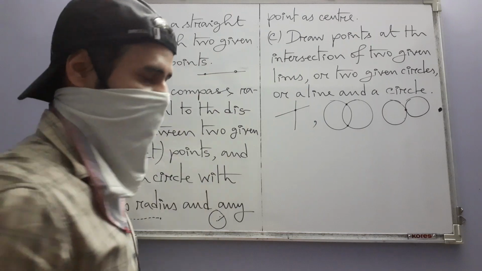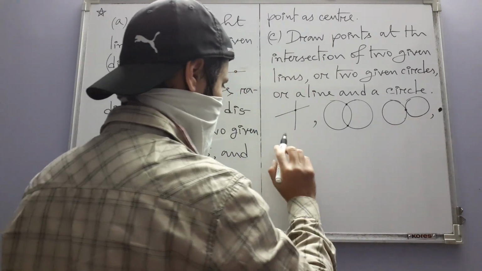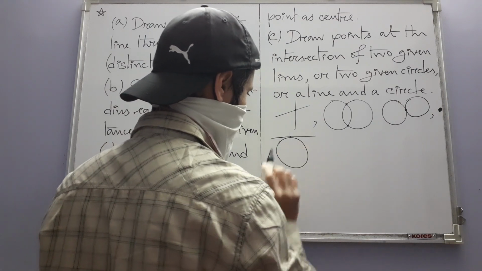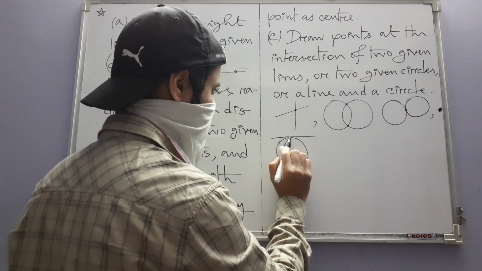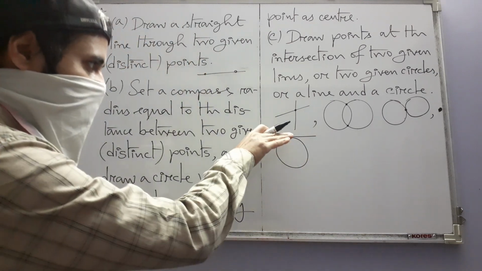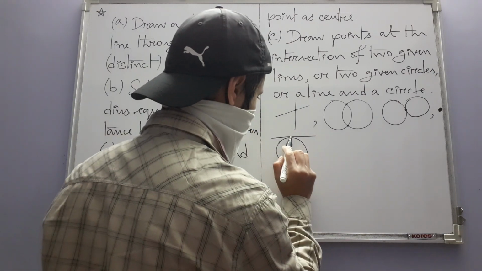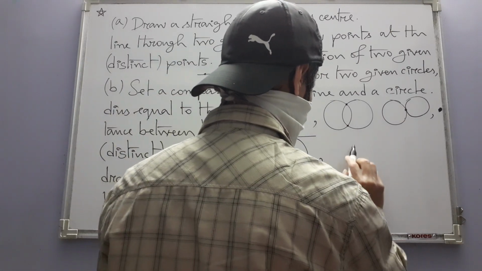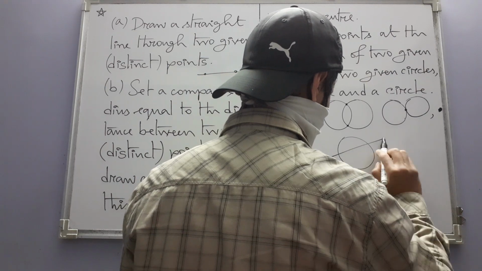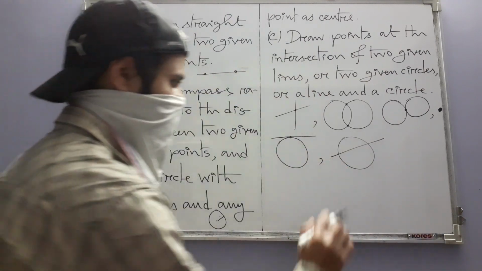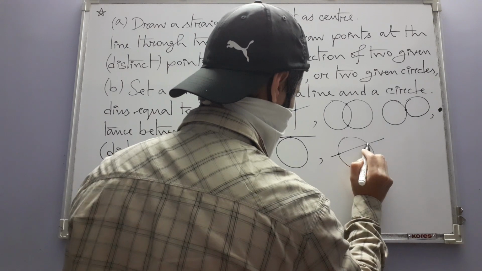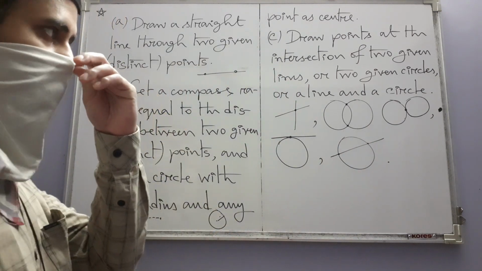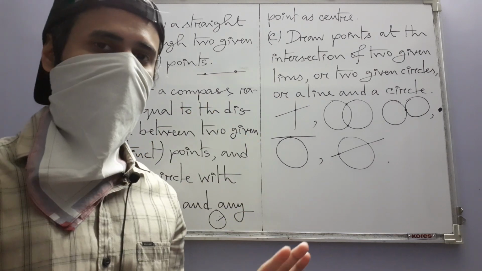Or if a circle and a line are intersecting, maybe like this, say the line is a tangent, then you draw a point here, you get 1 point. Or if the line is intersecting the circle like this, then you get 2 points and you draw those points. So this is the third compass and straightedge operation.